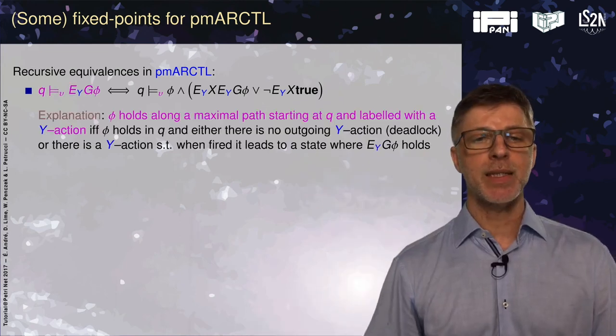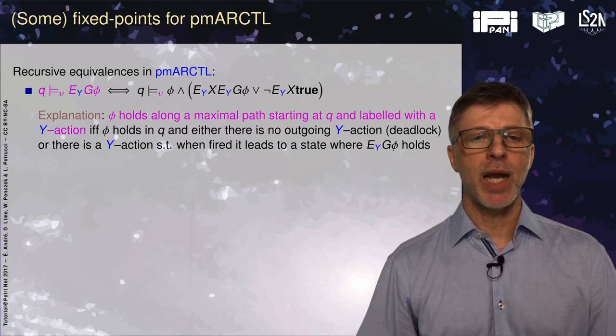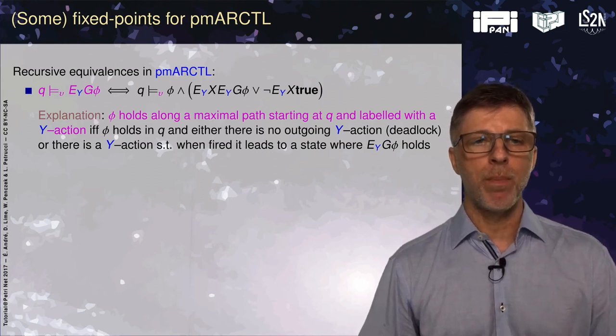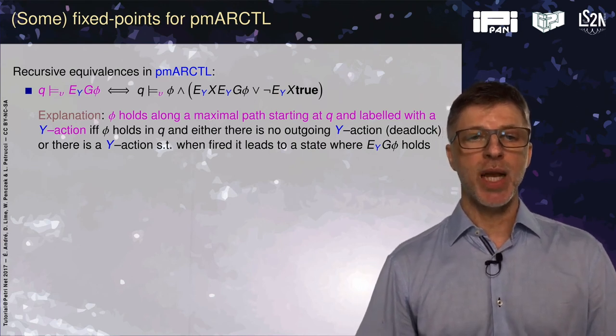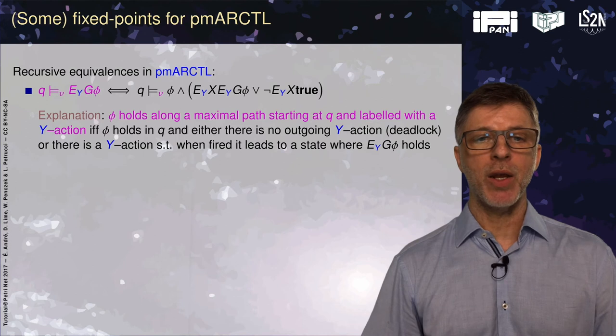So let's see first the formula: there exists a maximal path over y such that always phi holds.